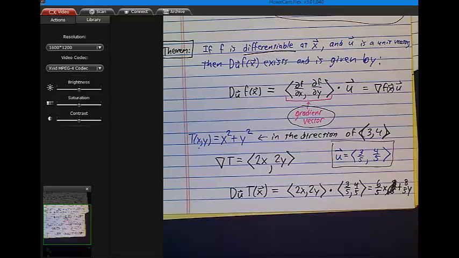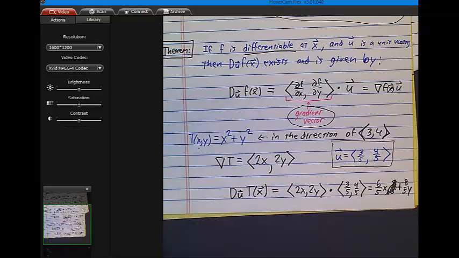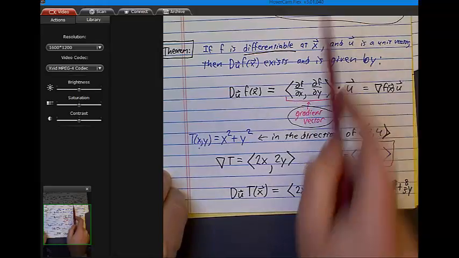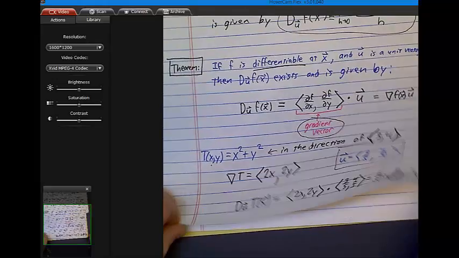So this was the idea. I guess I didn't really show you why this works, so maybe I should do that. Why is it that this gradient vector dotted with that gives me the difference quotient?